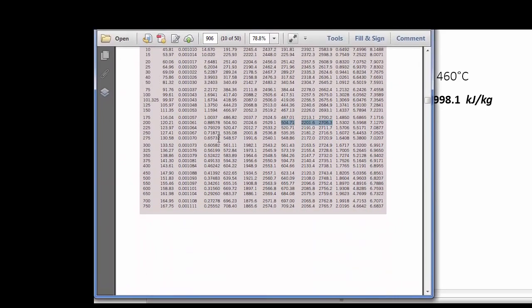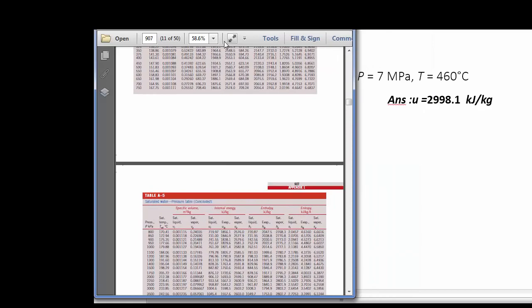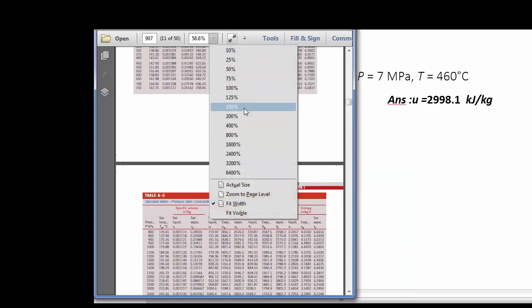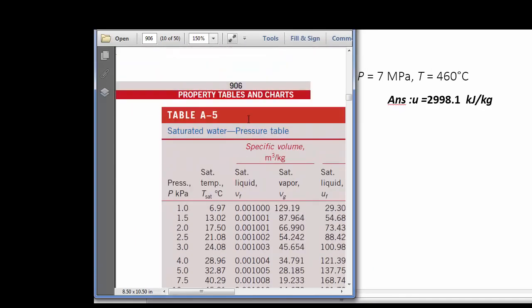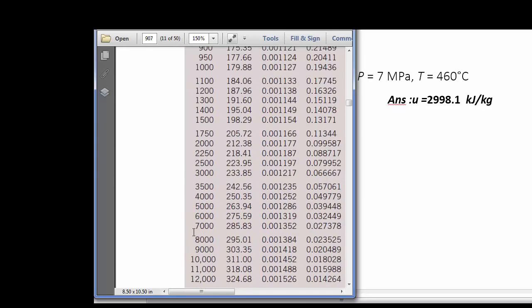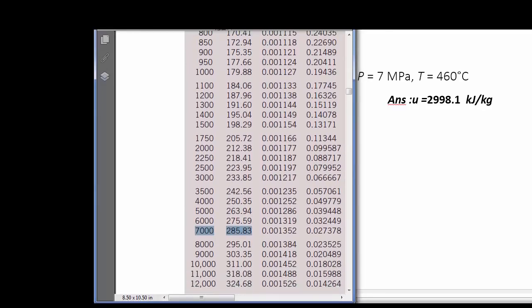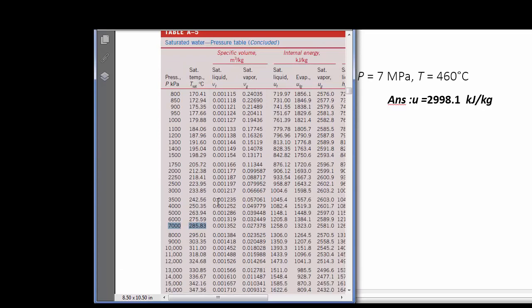When you go to table A5, 7 megapascal is equivalent to 7,000 kilopascals, right? So here, you look at the temperature. The saturation temperature is 285.83.